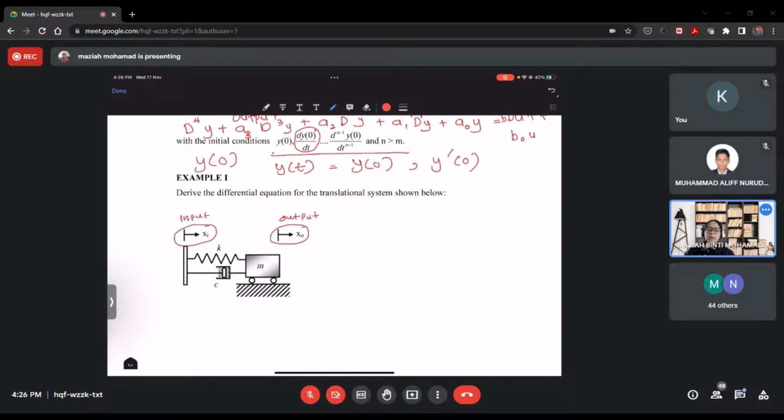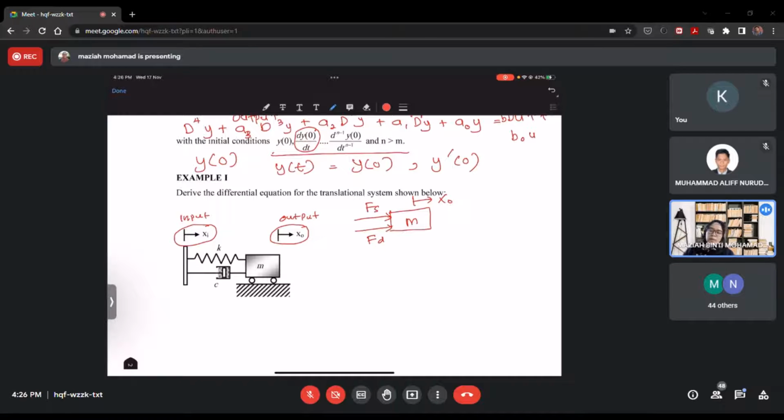We can write the ODE equation based on the mass equation. Let's say you draw the free body diagram of mass M, and from the analysis you get the direction: Fs, Fd equal to M D.